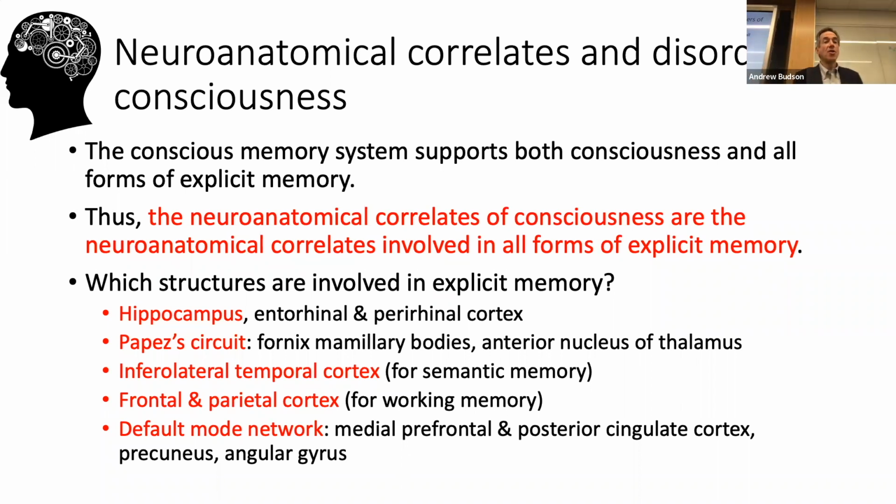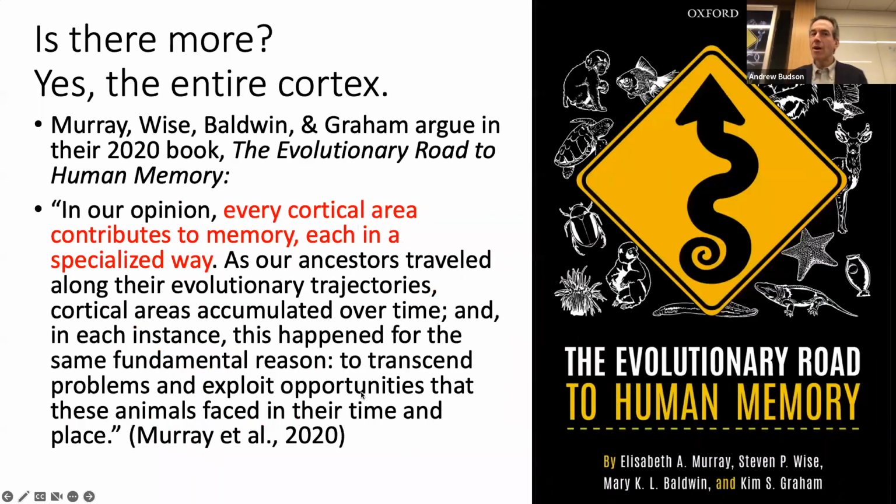So what are the neuroanatomical correlates of explicit memory? Well, for episodic memory, there's the hippocampus, there's the Papez circuit, there's also the default mode network. For semantic memory, there's inferior lateral temporal cortex. For working memory, there's frontal and parietal cortex. But is there any more?